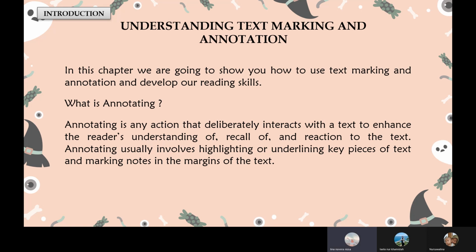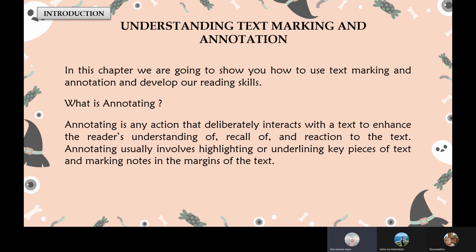Okay, understanding text marking and annotation. In this chapter, we are going to show you how to use text marking and annotation to develop our reading skill. By using text marking and annotation, we can understand what we have read. It helps us pay attention to some important parts and so on.